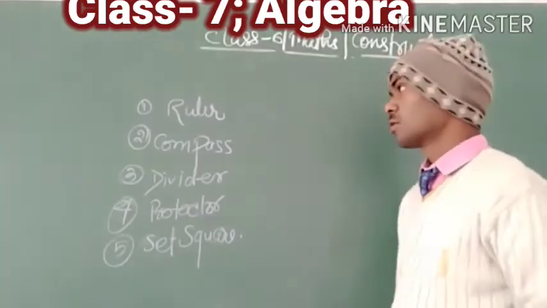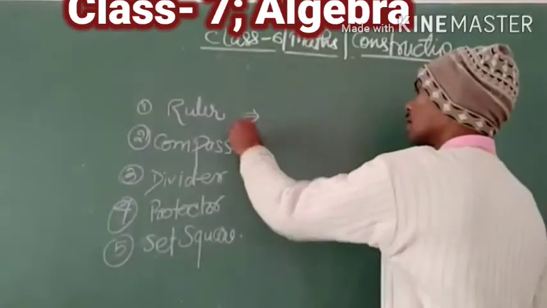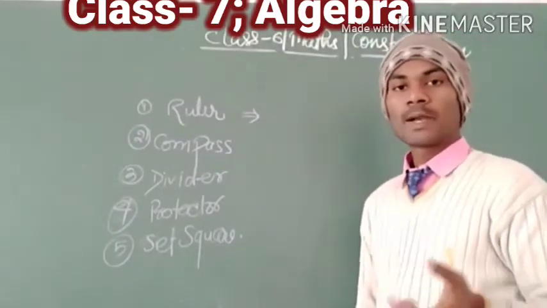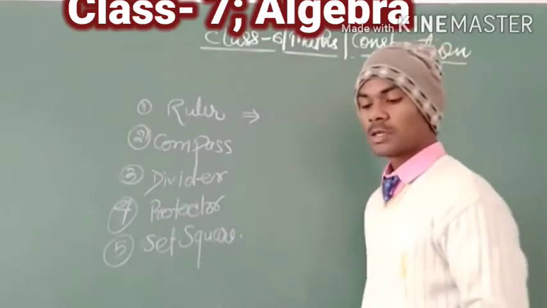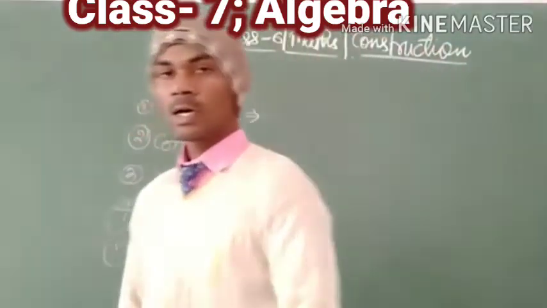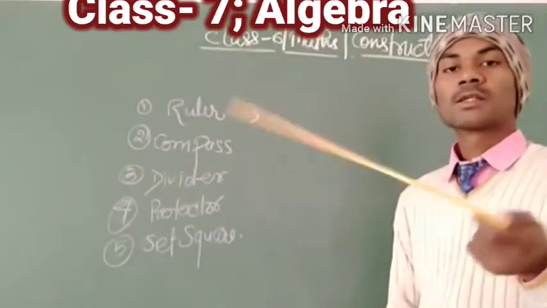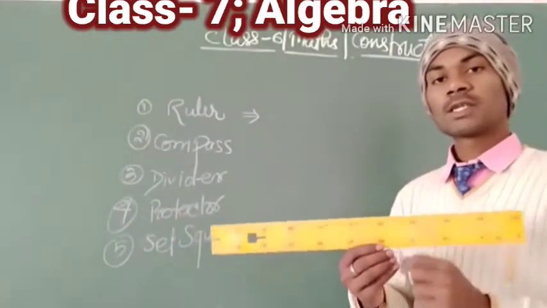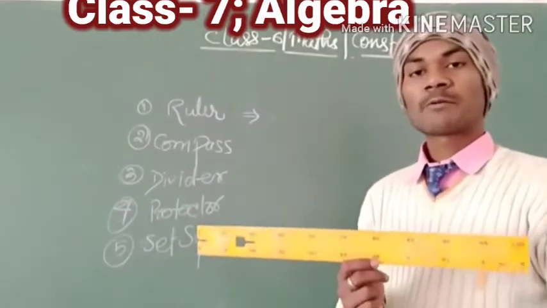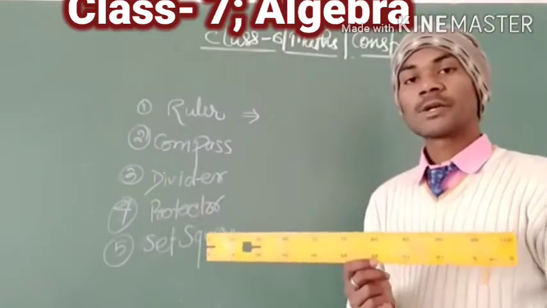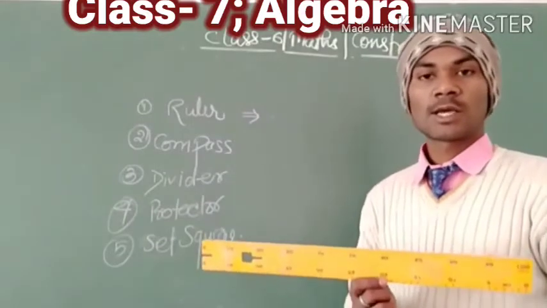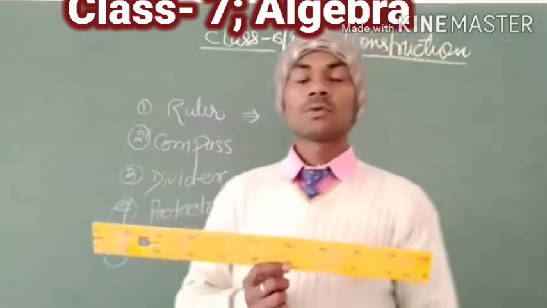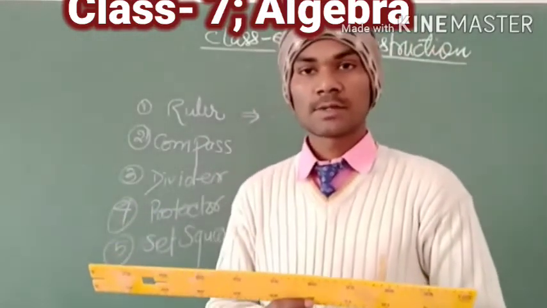What is the ruler? A ruler is a plastic or metal thing. You can see I have a ruler like this. In this tool you can see various points are marked, which are the standard measurements in centimeters as well as inches.